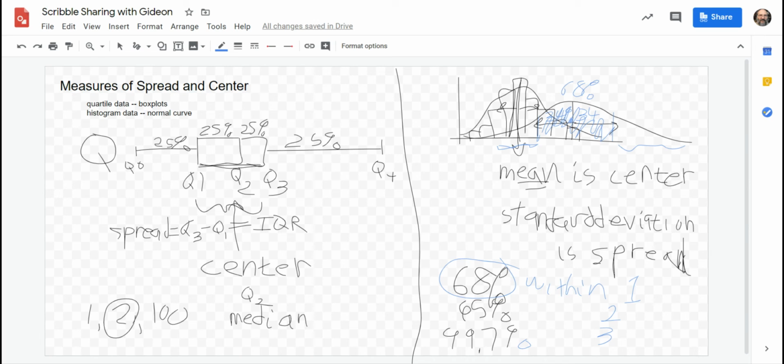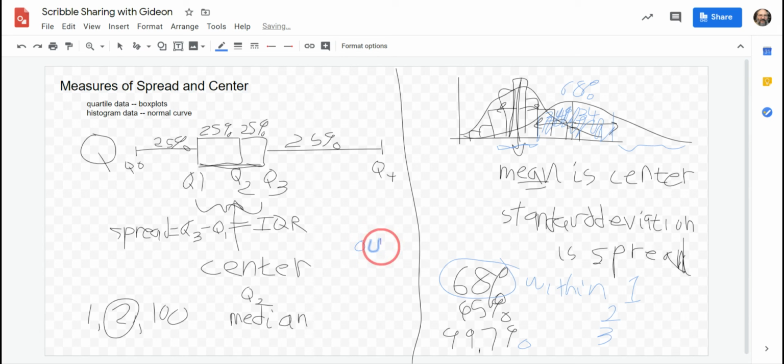Here we have, in the quartile data, we also have another way to find outliers, things far away, like statistically significantly different in the normal stuff. We don't have a test for statistical significance, but we do have a test for outliers.